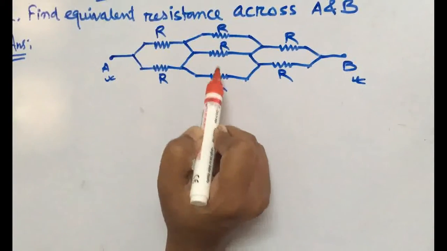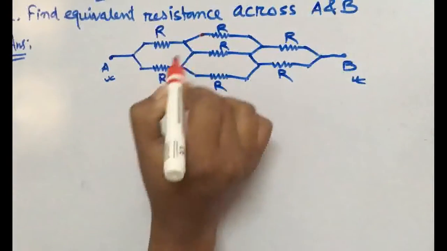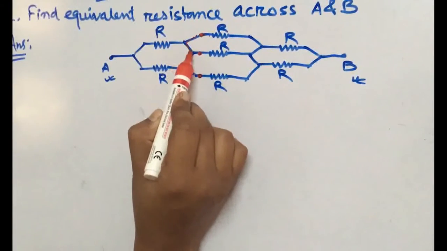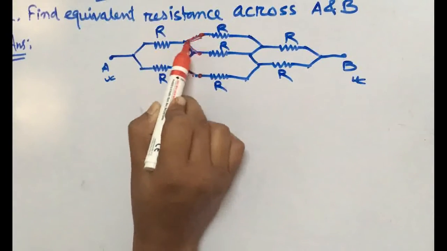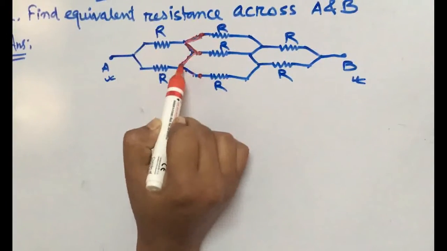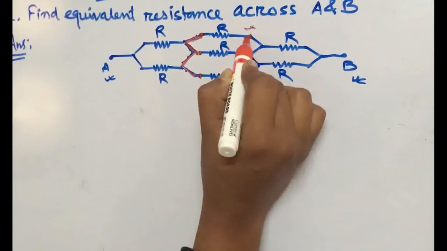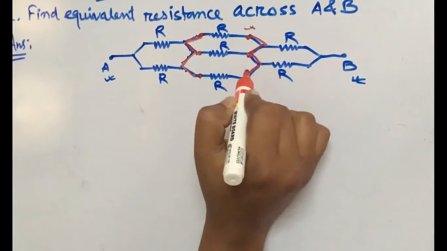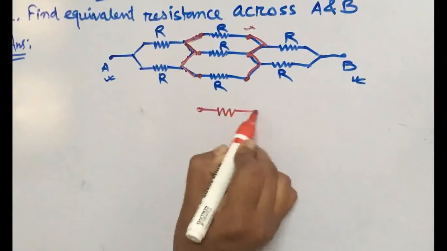This is R, R and R. Now this point, this point and this point are all the same points, because there is no element between them, so they are short circuited. Similarly, these 2 points are also short circuited. Similarly on this terminal also, these 3 points are the same point because they are all short circuited. So we can say that these 3 are in parallel.